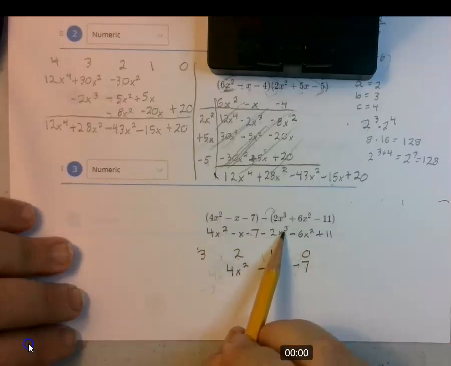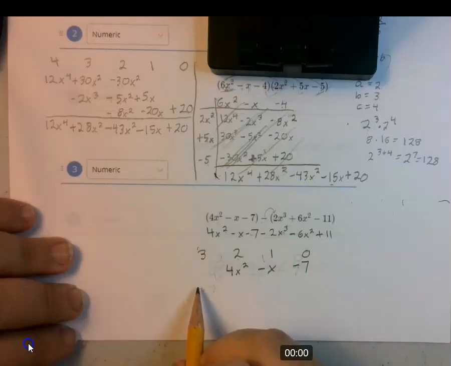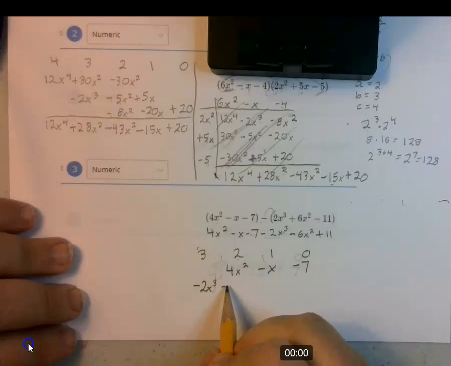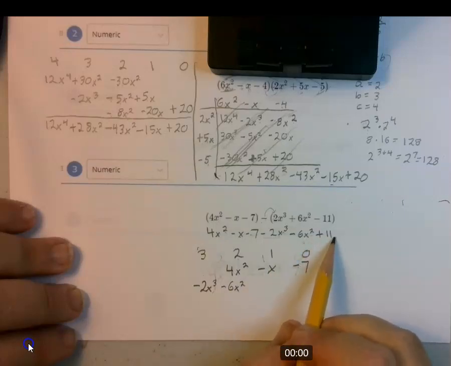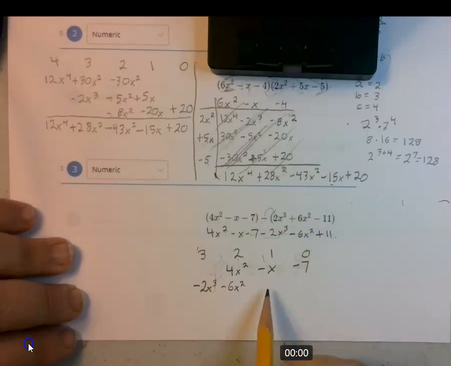Now over here we have an x to the third term, so we're going to put it over here. And you'll notice there's no x term here. There's an x squared and then it goes to x to the 0, or just no x there. So there's no x term. So you're going to just leave that blank right there. And you're going to come over here and say plus 11.